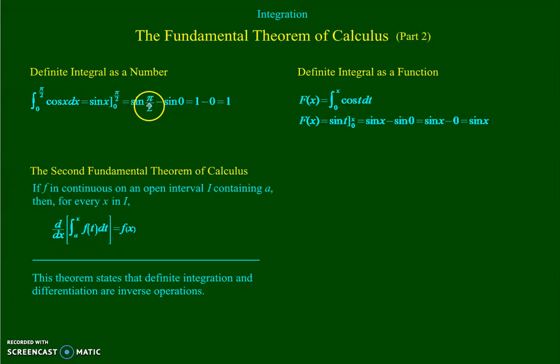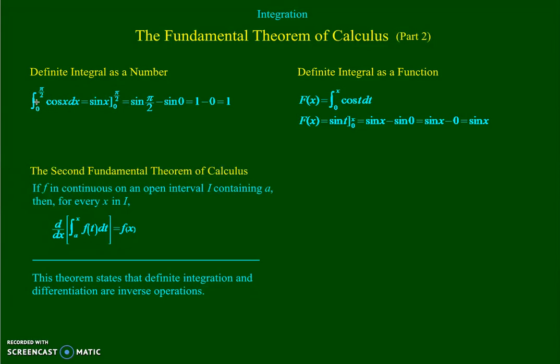So sine of pi over 2 is 1, sine of 0 is 0, so that equals 1. So the definite integral as a number is the way we've been using the first fundamental theorem of calculus.